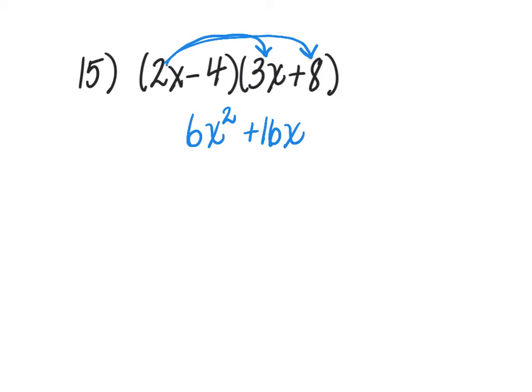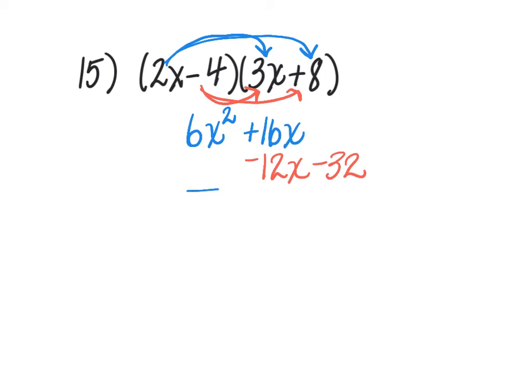All right, the 2x has done its job. Now let's distribute the negative 4. Negative 4 times 3x. Negative 4 times 3 is negative 12, and the x comes along for the ride. Negative 4 times 8 is negative 32.